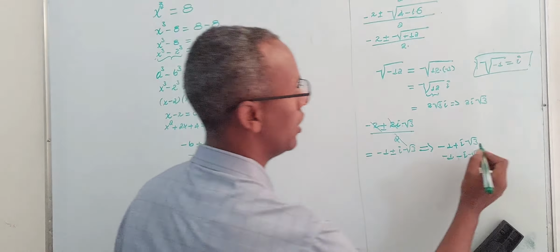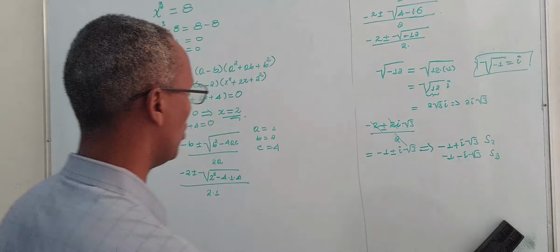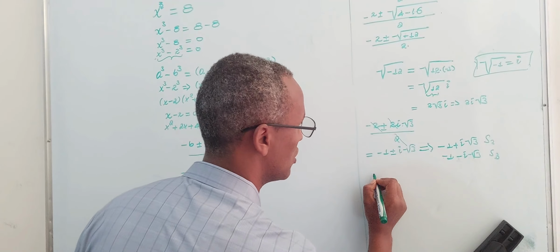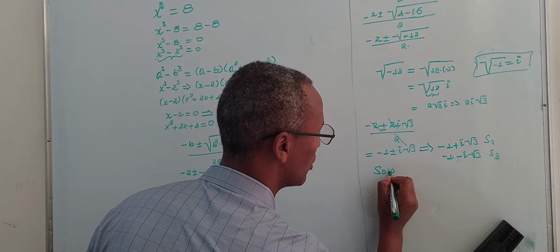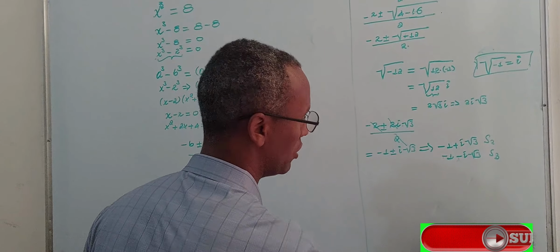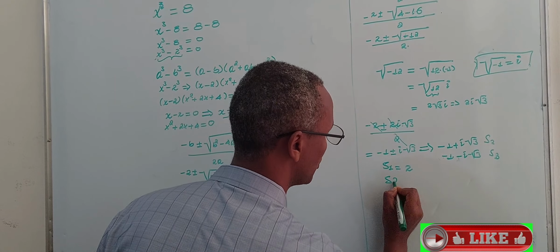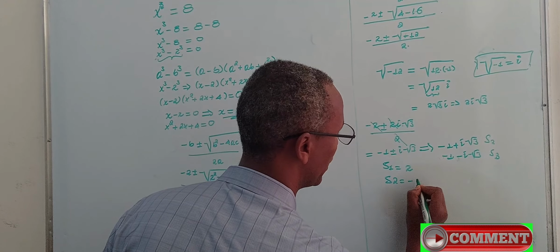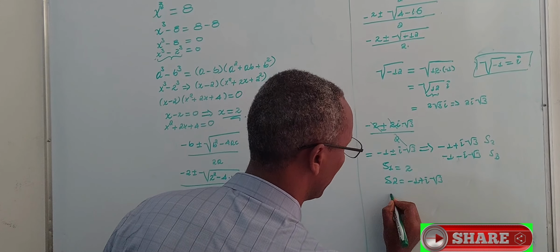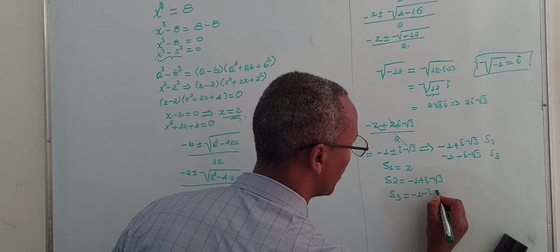Let's say this is S2 and this is S3. To summarize the solutions: S1 is equal to 2, S2 is equal to negative 1 plus i square root of 3, and S3 is equal to minus 1 minus i square root of 3.